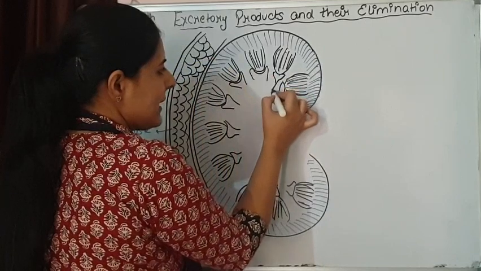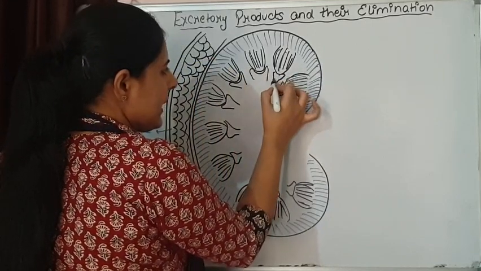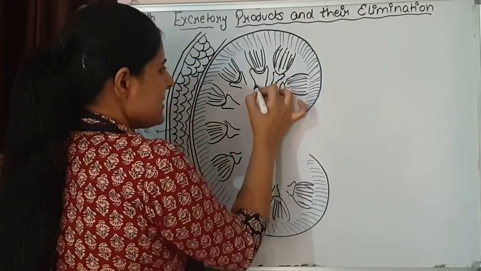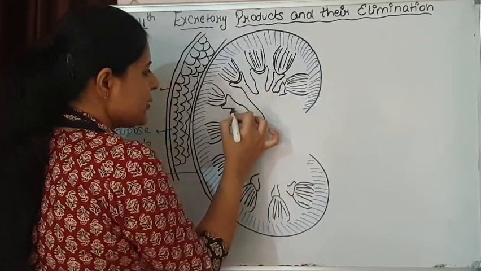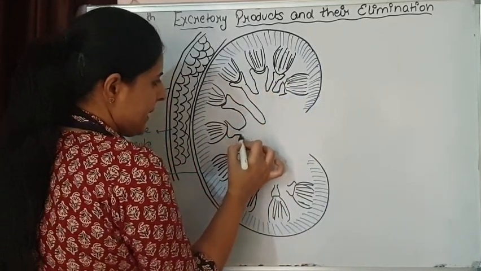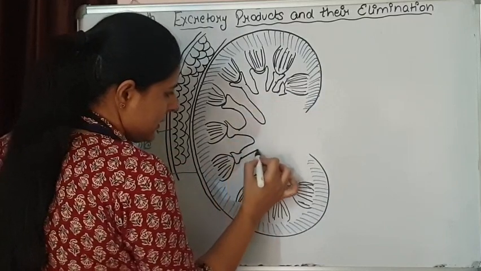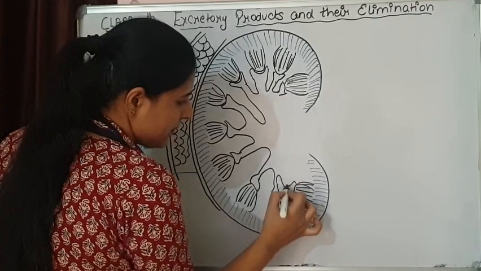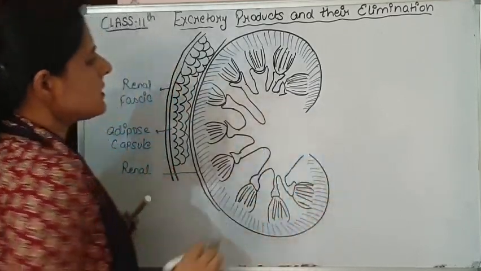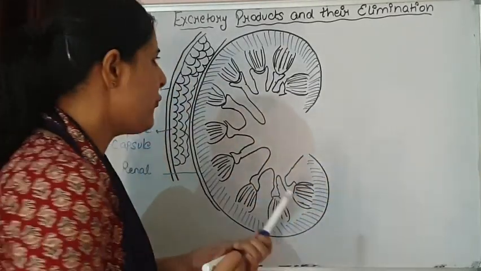These minor calyces are connected to each other, and after connection they form major calyces. I'll label each and every part later. This is how the structure is formed.